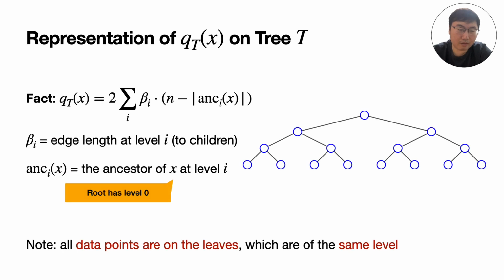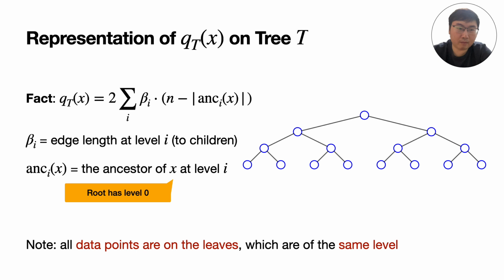So then comes the important part, which is sampling proportional to little qt. We first observe that this little qt has a nice structure in the tree. In particular, for a data point x, which must be a leaf, the path from x to some y located in the level i sibling of x must cross the level i ancestor of x.